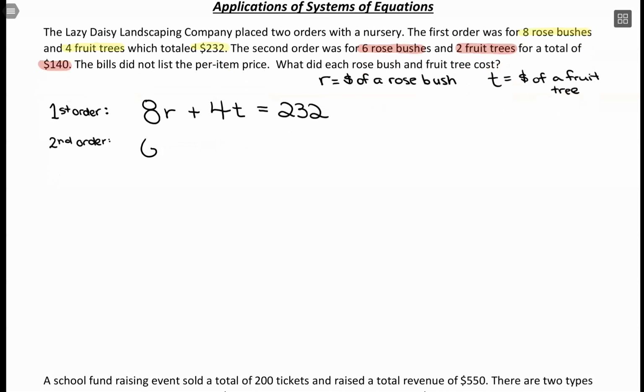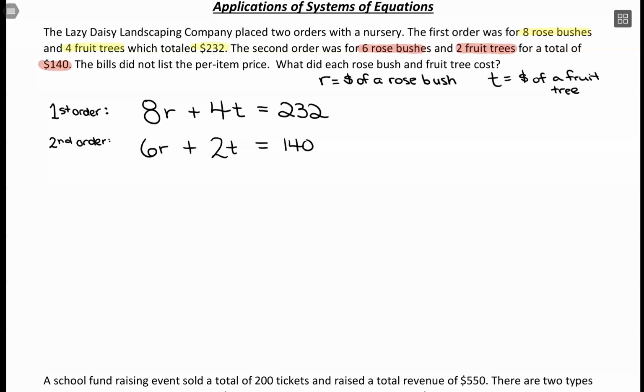We had 6 rose bushes and 2 fruit trees, and that came out to $140. So with that, we now have a system of equations, and it's all lined up, so that makes it easier. And now all we have to do is choose a method for solving. So we want to choose between the elimination or substitution method.